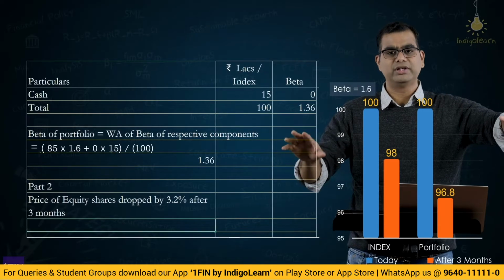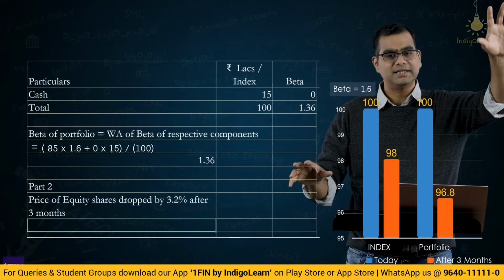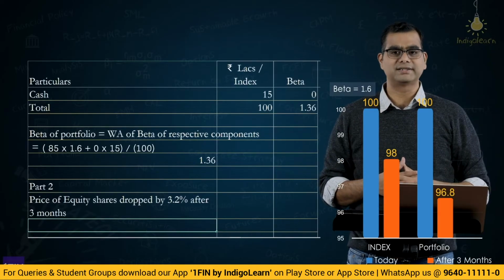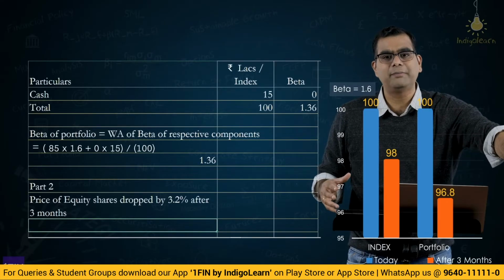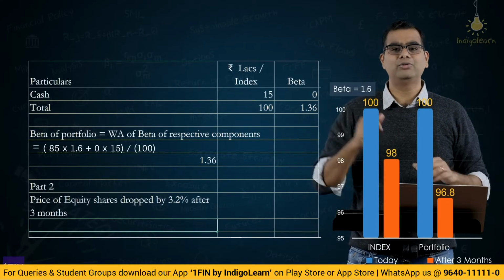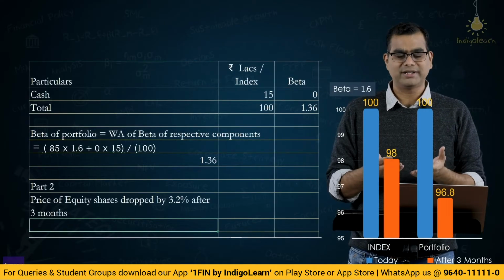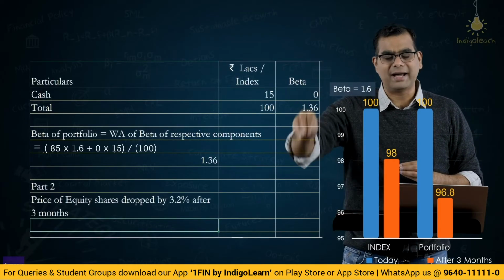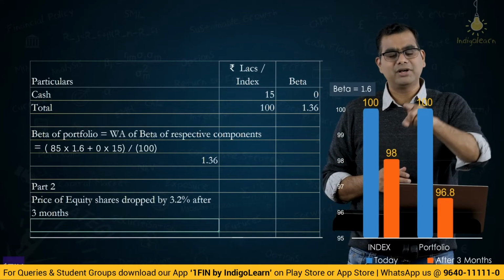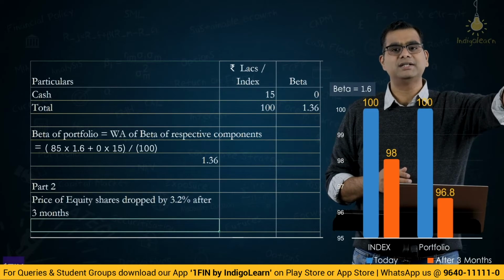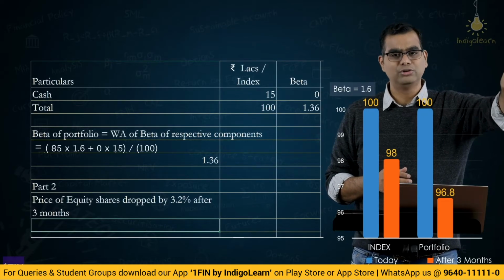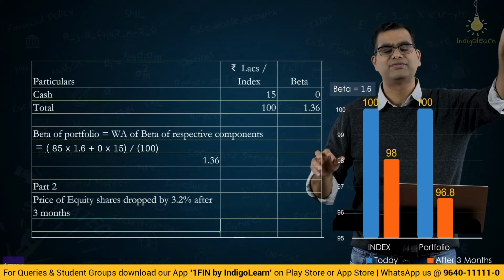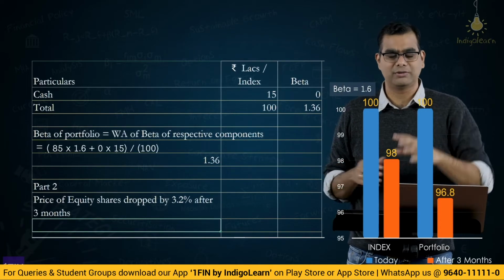The linkage between these two is if the market comes down by 1, the equity portfolio will come down by 1.6. If this has come down by 3.2, how much has the market come down by? 3.2 by 1.6, actually 2%. 2% is the reduction in the market. Consequently, because of the beta being 1.6, the entire portfolio value dropped by 3.2%.